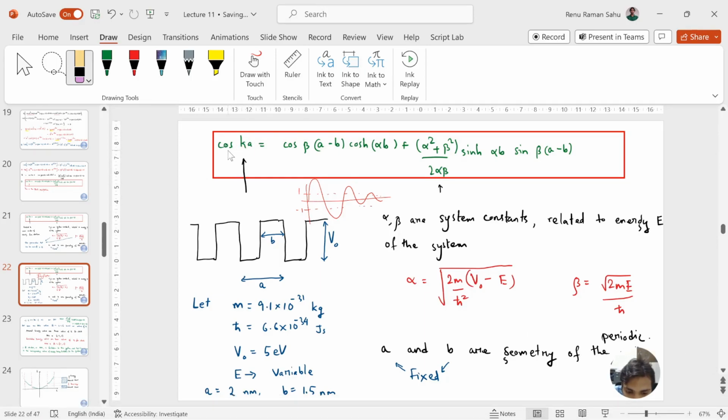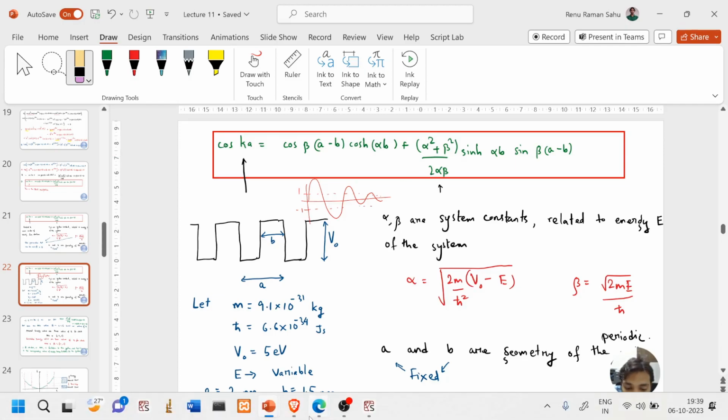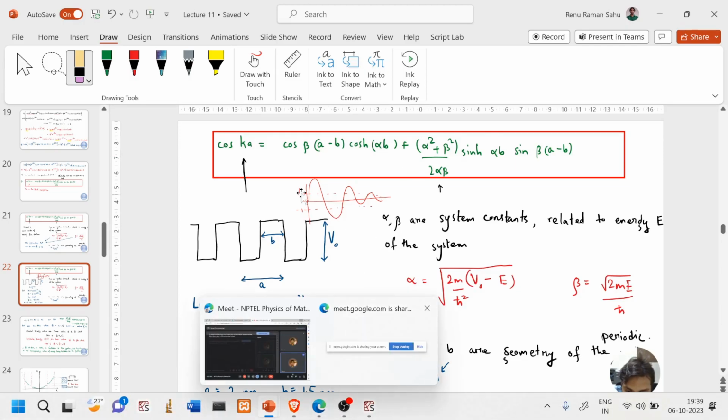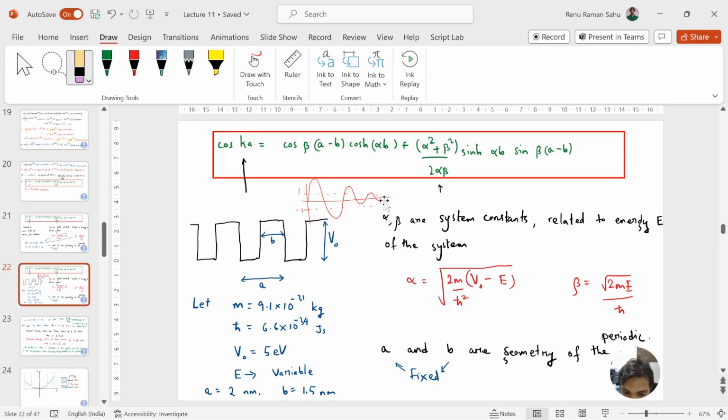You are clear on this, right? Cos Ka has to be between -1 and 1. But this expression can take values more than that. So it is like the plot which I have plotted here.